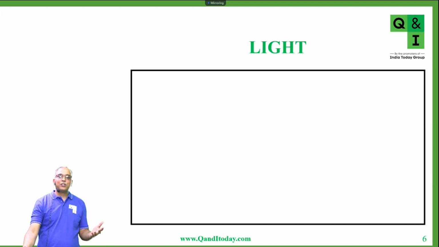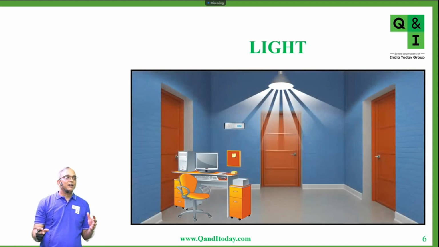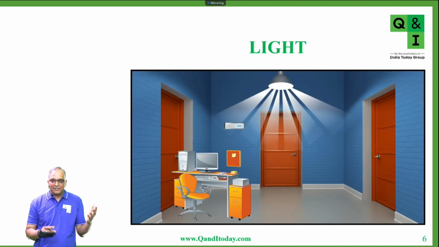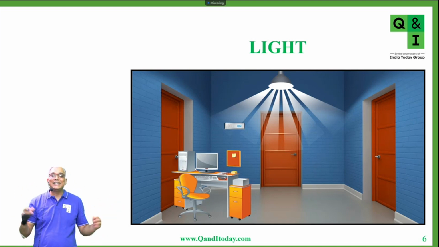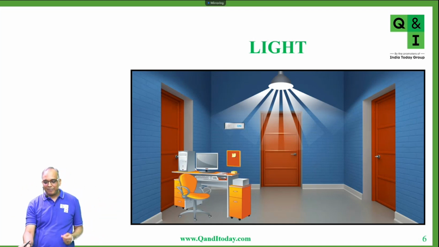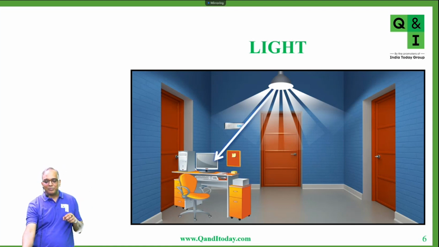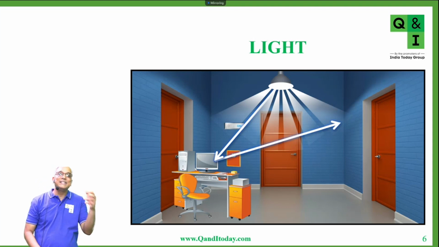Now, let's first of all understand what is light, right? Whenever you switch on a light, you are able to see things clearly. How does it happen? Light falls on an object, and then the reflected light from that object helps you see it.